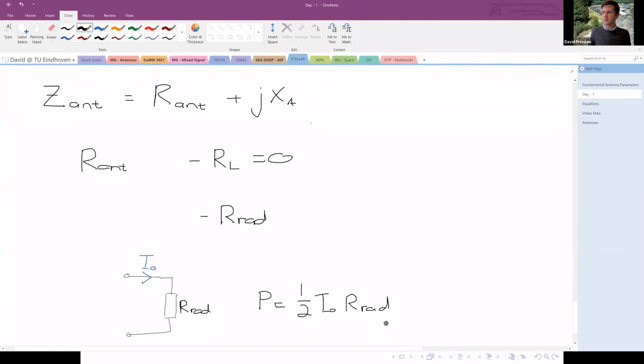And this is exactly the way that the radiation resistance is defined. If we know the total radiated power of the antenna, then we can solve the radiation resistance as, there's a square missing.